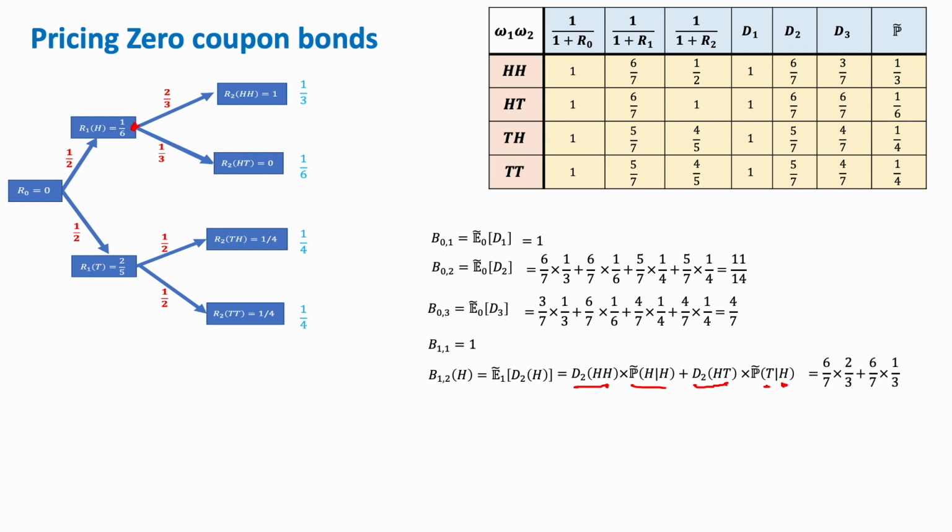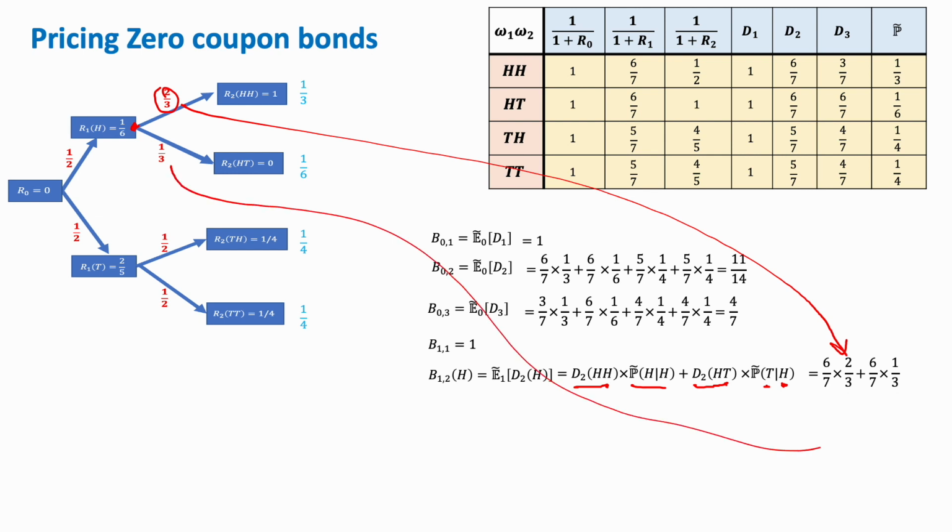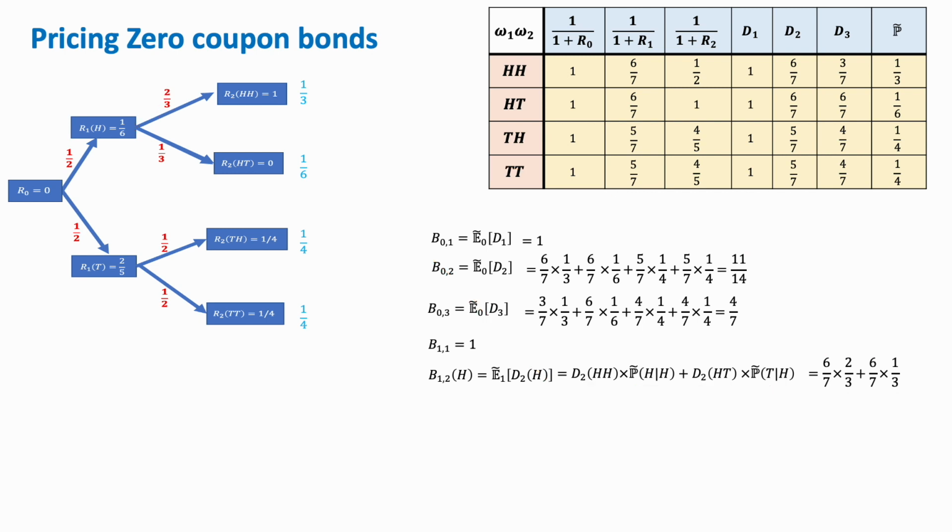And naturally, as you guys said before, we know the transitional probability 2/3. There's this 2/3 that we're seeing here. We know the transitional probability of getting a tail is here, and we know the value at each state essentially. So very simple stuff. You get your 6/7.